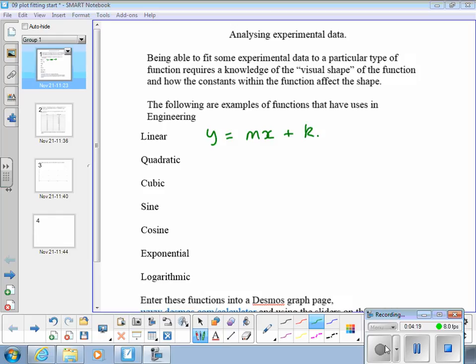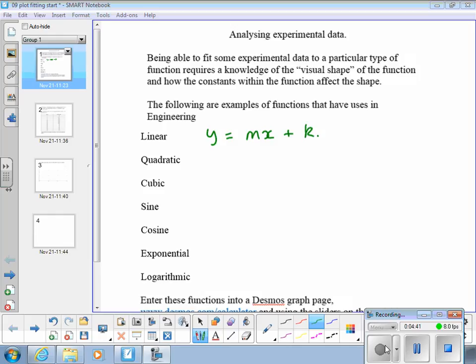The constant is always going to give you the value of the function when x is 0. So if you were trying to fit a piece of data that didn't cross the y-axis at x equals 0, you'd be able to shift that function up and down the y-axis. I'm going to use that for k on all of these.